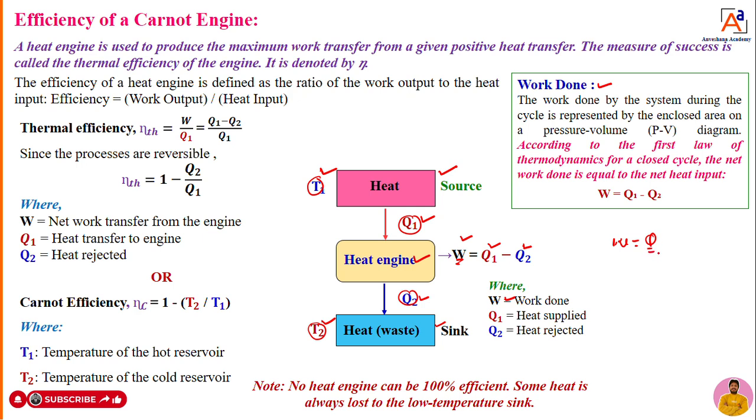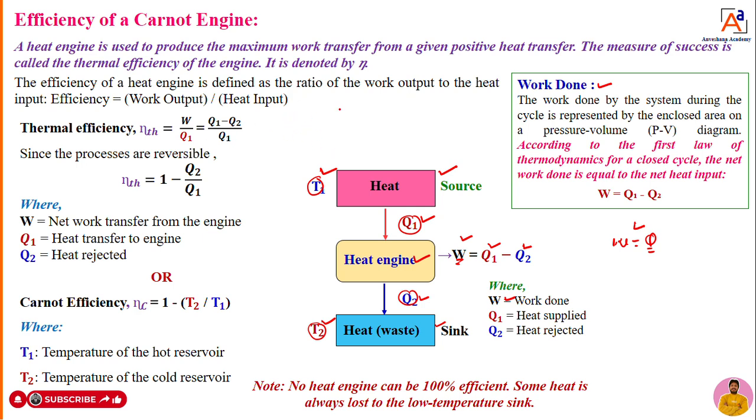How to calculate the net heat? The amount of heat supplied minus the amount of heat rejected. Whatever the net heat is, that much work is done. So we got this equation from the first law of thermodynamics, W equals Q1 minus Q2, which is the amount of work done by the engine. With the help of this data, he calculated the efficiency.